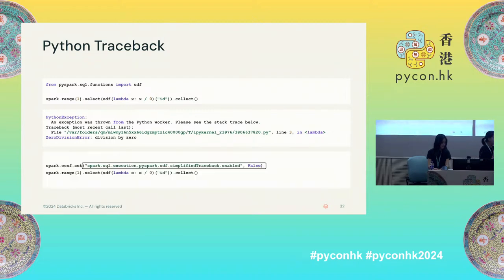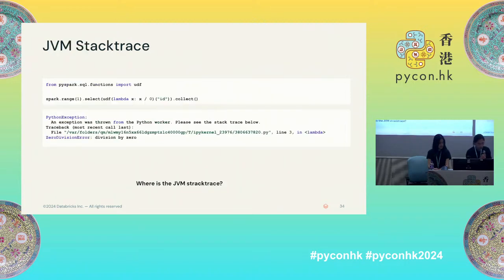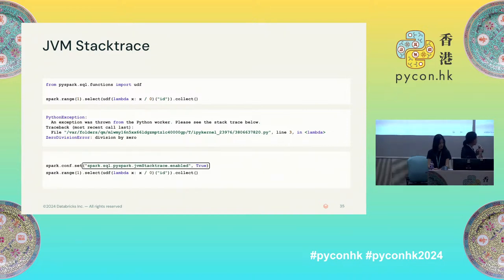So we have the configuration called simplifiedTraceback. That is enabled by default, but you can disable it. Then you will see the internal Python worker stack trace together. Similarly, you can also enable the JVM stack trace. There's another configuration called jvmStacktrace.enabled.